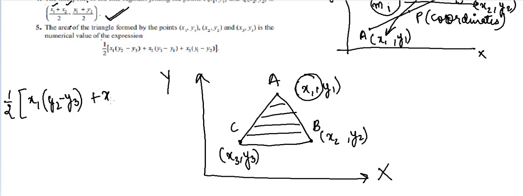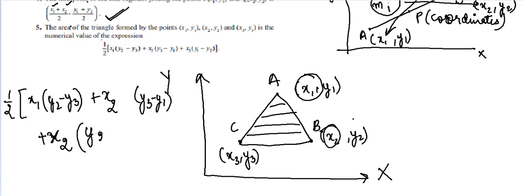Next you take x2. Now if you take x2, you just forget y2. You take the other two, which are y3 and y1. For x3, you forget about y3, so there will be y1 minus y2.